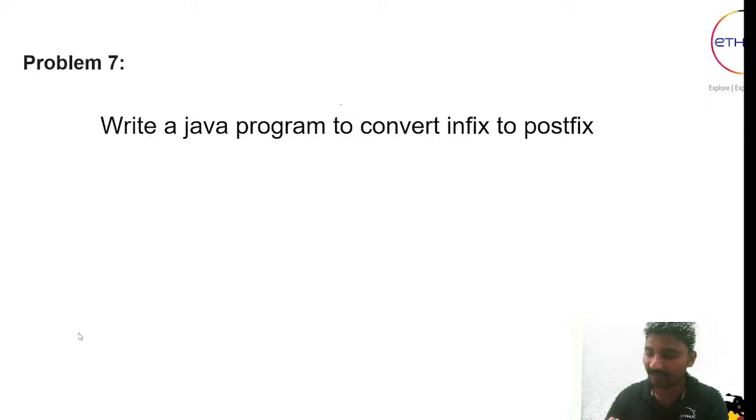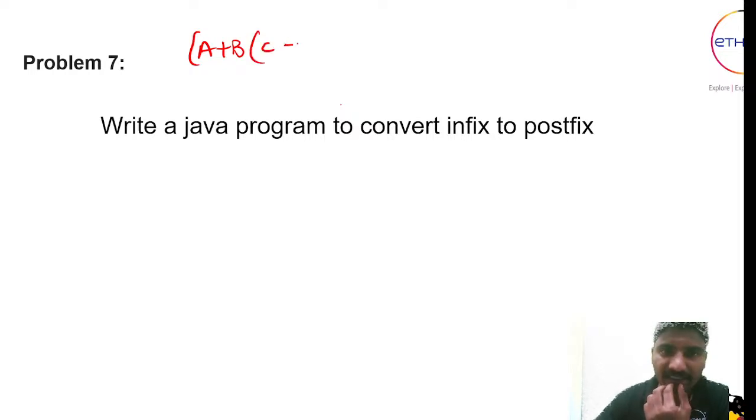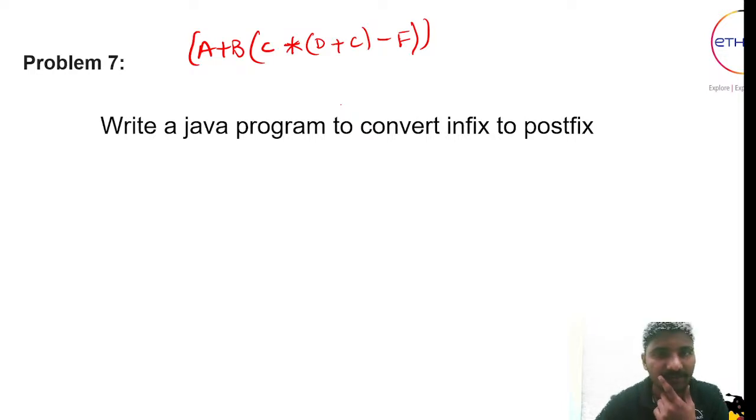The input I will be taking is A plus B followed by C into D, followed by plus, okay, let me do this, C minus F. So let me keep it this way. All the parentheses have been placed perfectly. Cool. It looks fine now, right? 3, 4, 5. Yes, good.